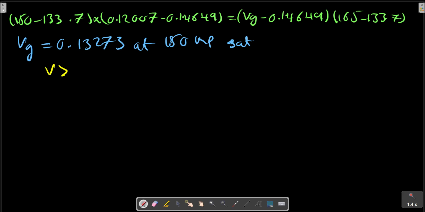V2 will be greater than Vg, so we have superheated.